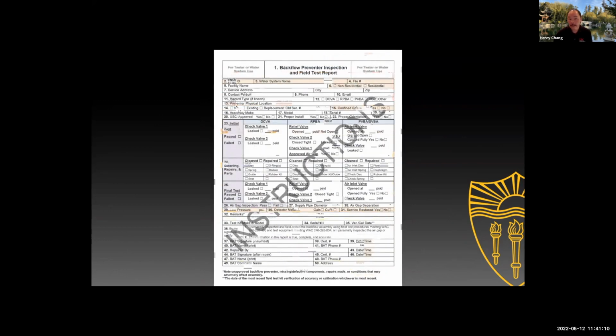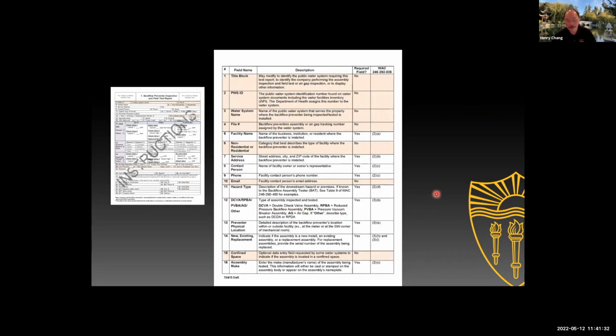There are others that provide detailed instructions. So you can see this form where literally there are 50 boxes that a tester has to fill out, depending on what they're testing and so forth. So you can see the instructions on this one say, okay, we're going to give you very detailed instructions on what we need. So there are some areas where they say, okay, here are the instructions for box number 1, which is on this form.